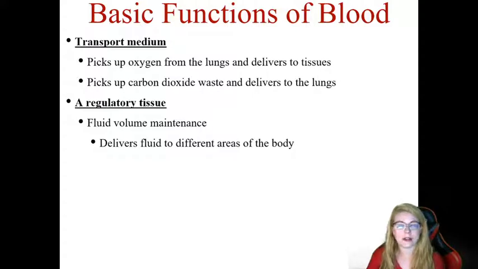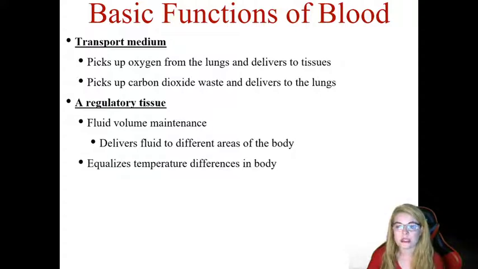Different areas have different fluid requirements, and so blood can function as a tissue to control that. Additionally, as a regulatory tissue, it equalizes temperature differences in your body. We are able to warm our body with blood, and we know that it's important to maintain homeostasis in our bodies around that ideal temperature set point.